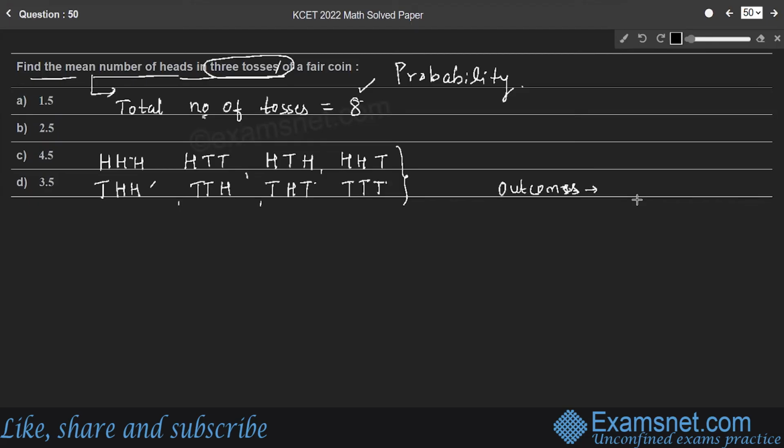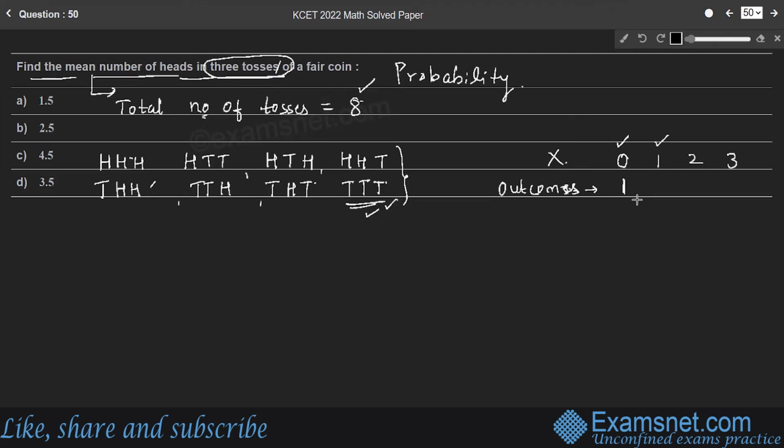So here we'll consider X, where you may get 0 heads, or 1 head, or 2 heads, or all 3 heads. How many times is the outcome 0 heads? Only 1 time, when all the faces are tails.